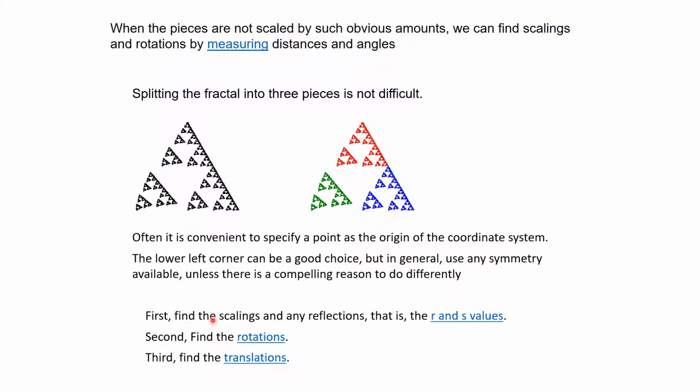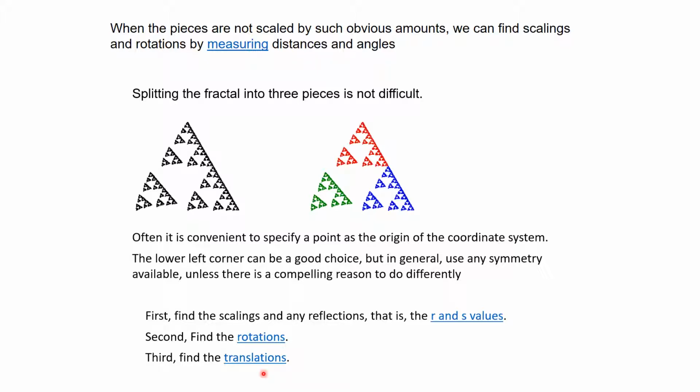So the usual procedure is, first you find the scalings, and if any reflections are involved, then you find the reflections. So first you find the R and S values. Then we find theta and phi values, that means the rotational values for the horizontal and the vertical lines. And thirdly, in the end, we will find the values of the translations.